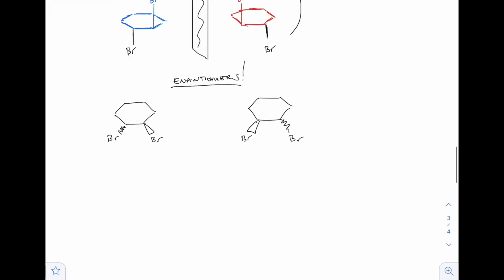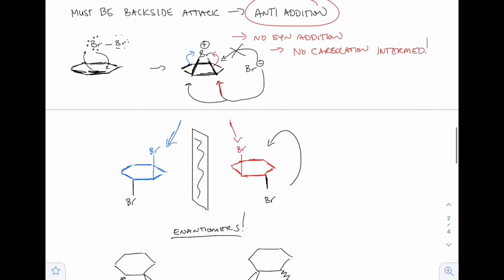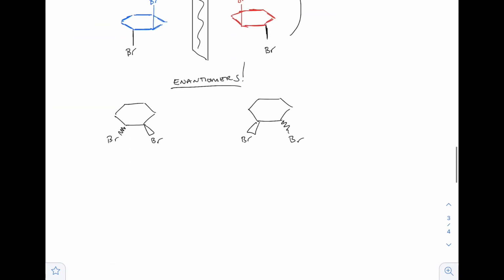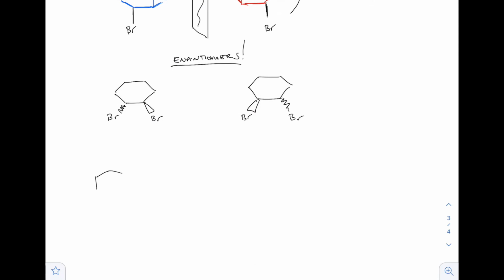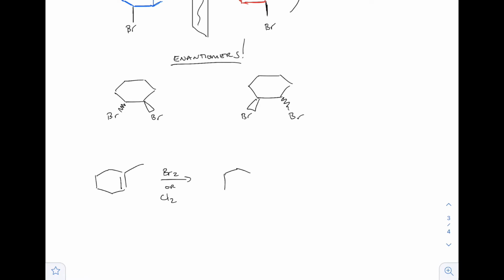It's all good. All right, so now let's take a look at that methyl cyclohexene and see what we would get for our halogenation reaction. So let's use bromine or chlorine, but I'll use bromine in the product. So we're going to get a wedge and a dash here.